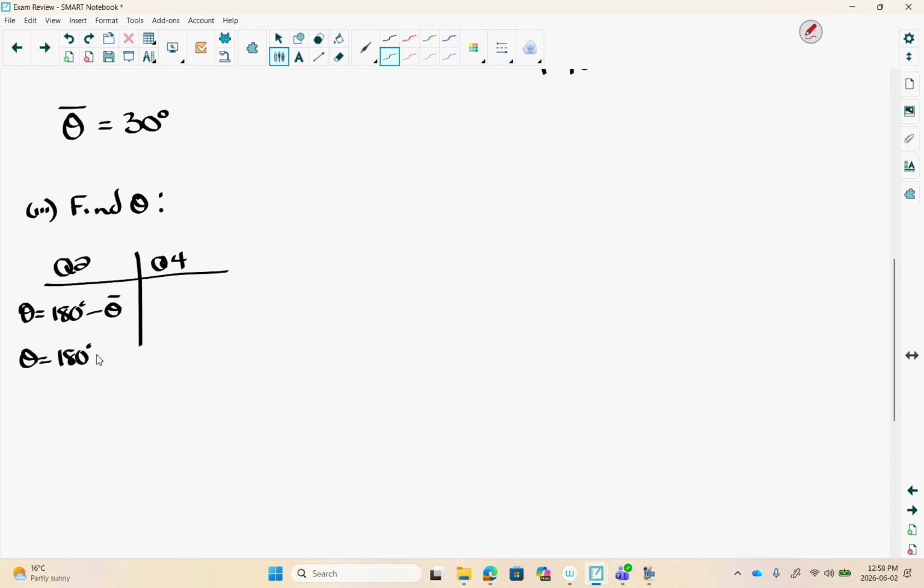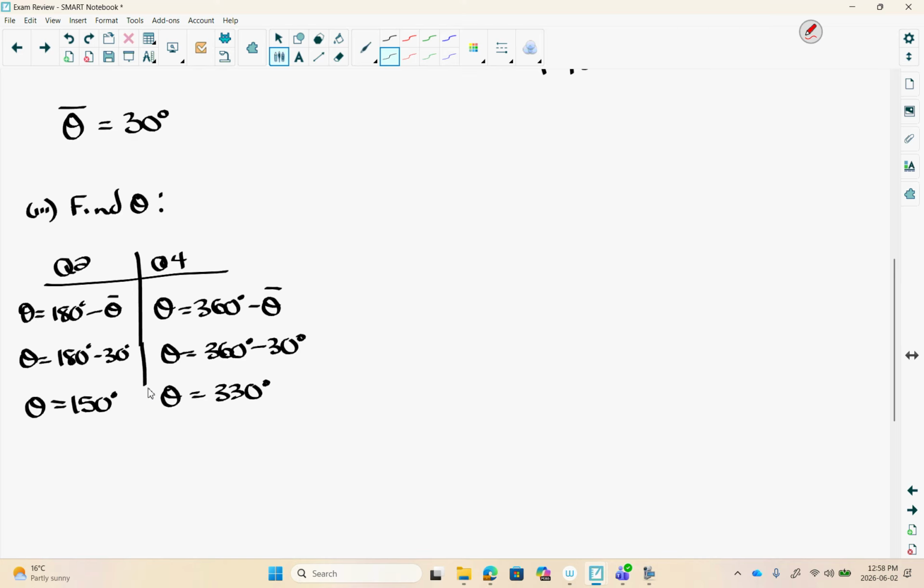What was theta bar? It was 180 minus 30. 150. In quadrant 4, theta is equal to 360 minus theta bar, or 360 minus 30. 330 degrees.